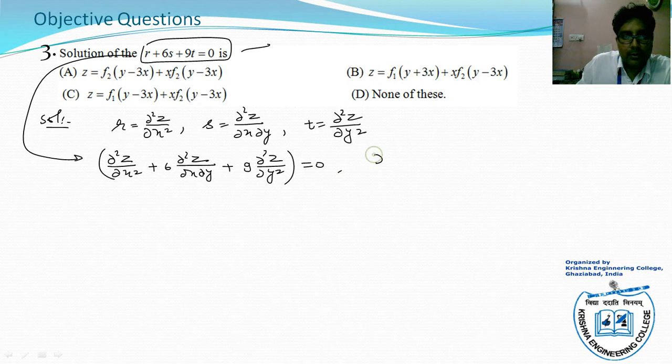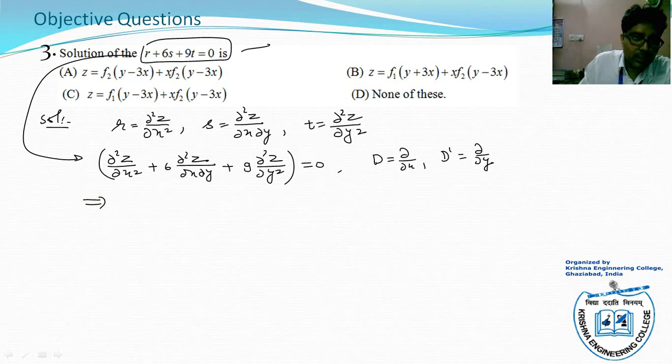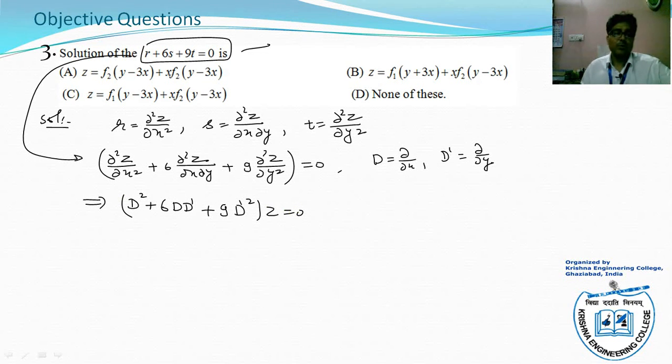Again we have D is equal to del over del x and D' is equal to del over del y. So this again becomes D squared plus 6 D D' plus 9 D' squared is equal to 0. This is a homogeneous linear differential equation with constant coefficients.